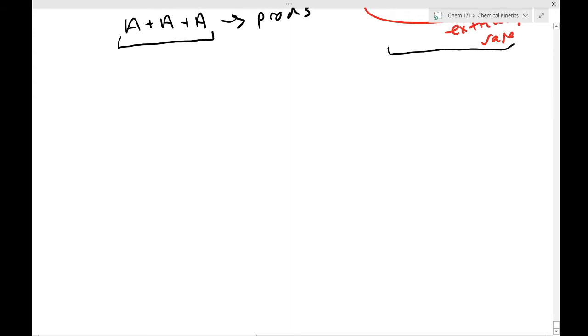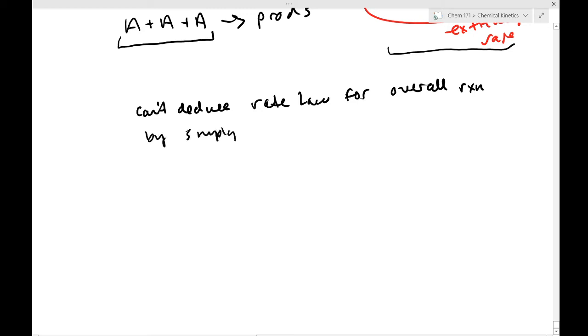Remember back when I told you that we can't deduce the rate law for a reaction by simply looking at this overall reaction.